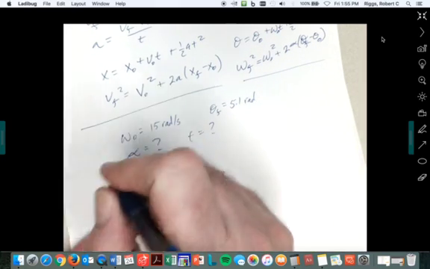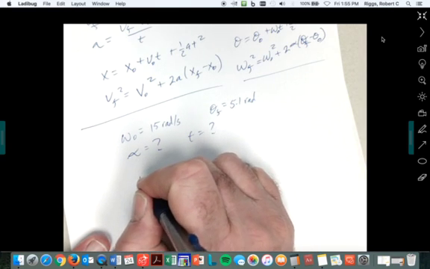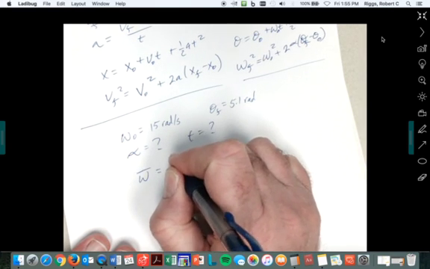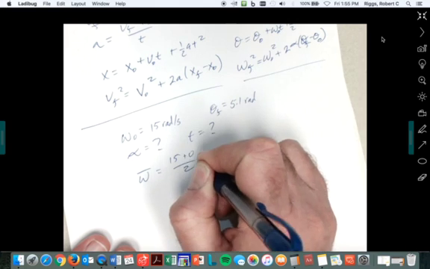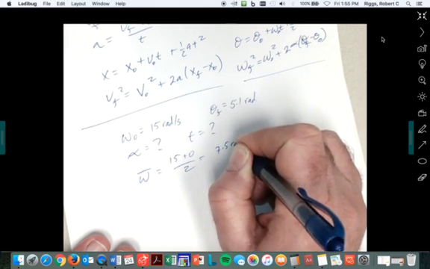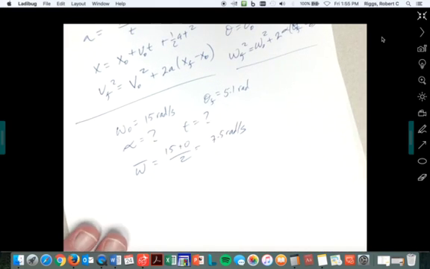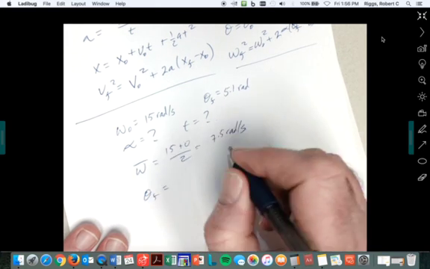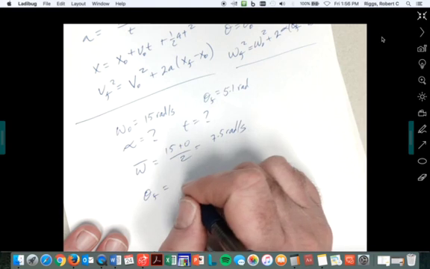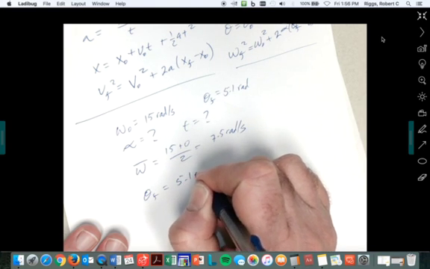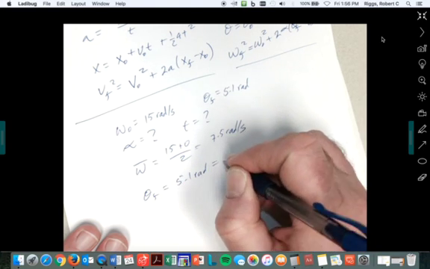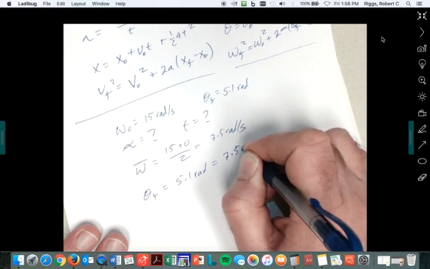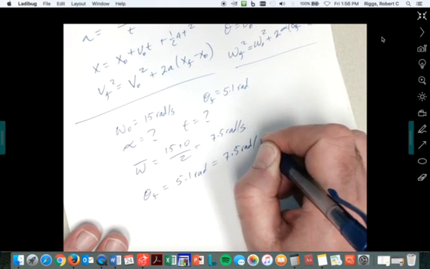So it looks like the average angular velocity is going to be 15 plus 0 divided by 2, which is 7.5 radians per second, right? And theta final is equal to 5.1 radians, which is equal to 7.5 radians per second times the time.